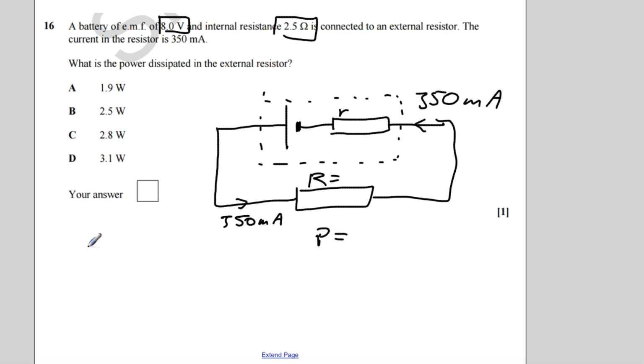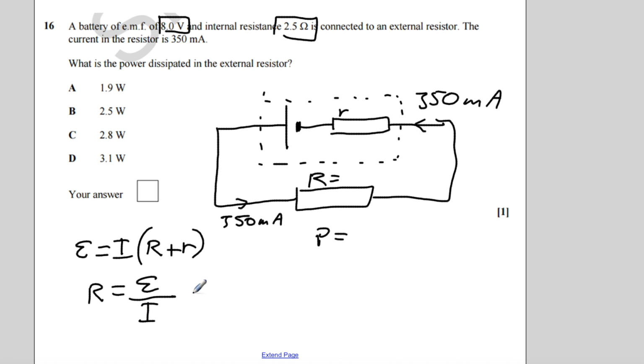Something that we should know when we've been studying internal resistance is that the EMF of the cell is equal to the current in the circuit times the external resistance plus the internal resistance. So here we can rearrange for the external resistance, and so we take the EMF divided by the current and then take away the internal resistance.